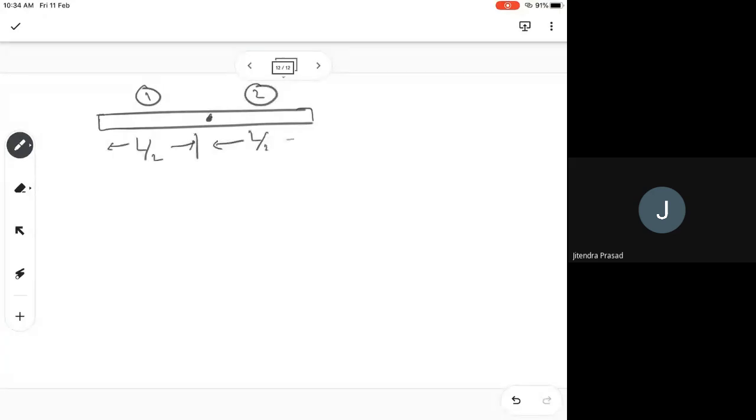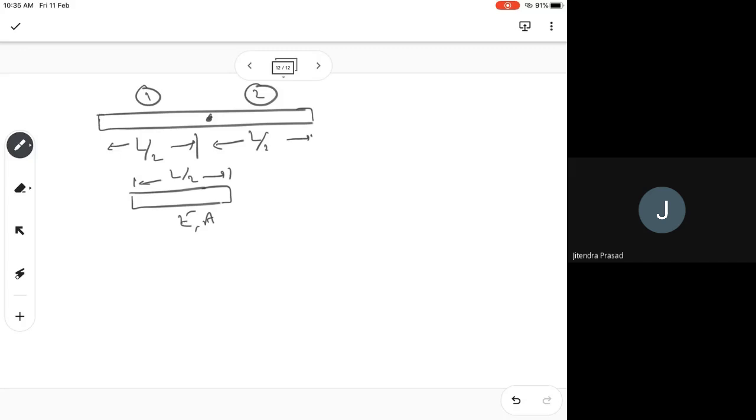Okay. So what happens? You can now write directly. So you take one element at a time. Length is L over 2, and it has EA, right?